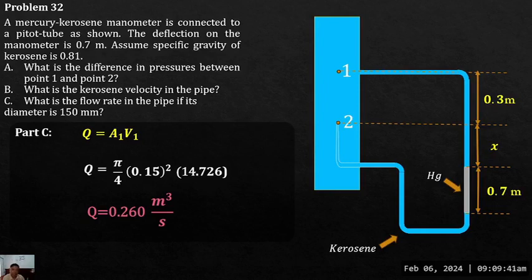Importante lang doon na consistent ka. Kung above sa datum line, yung isang point, edi positive yon. Kapag nasa baba naman, kagaya ng sabi mo, kung point 1 yung gagawin mong datum line, so yung point 2 mo, magiging negative 0.3. Okay?